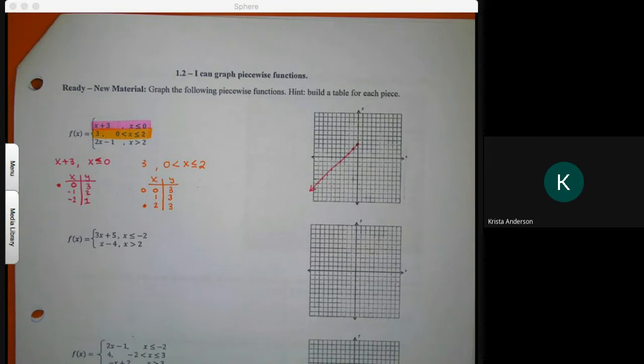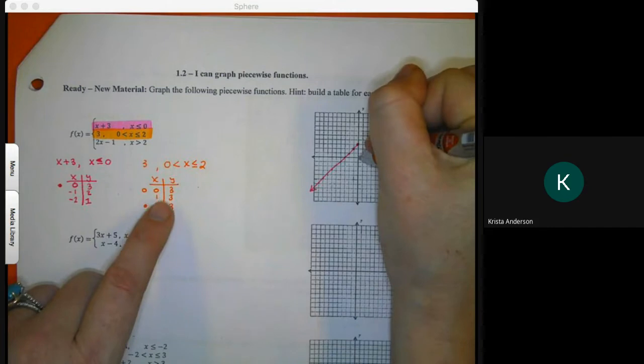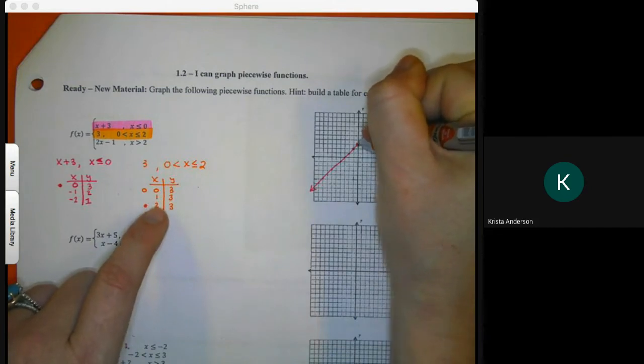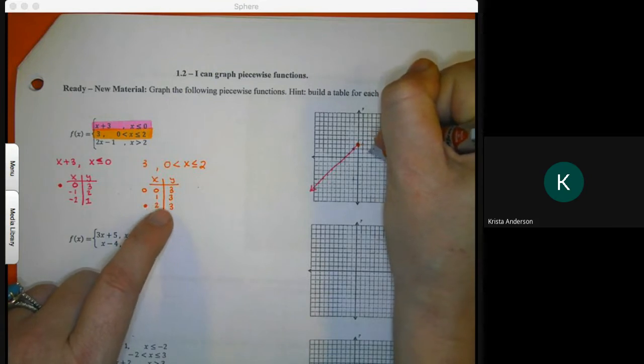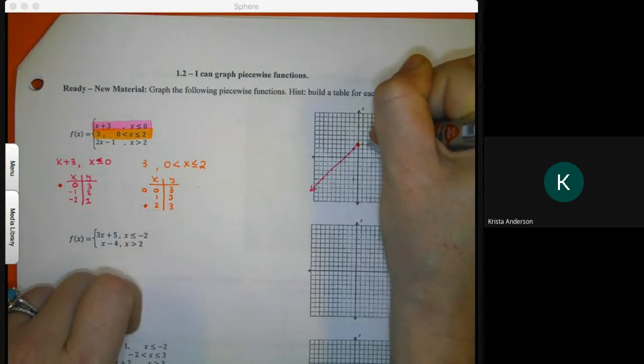0 is up 3, it would be an open dot. 1 is up 3, and 2 is up 3, closed dot.